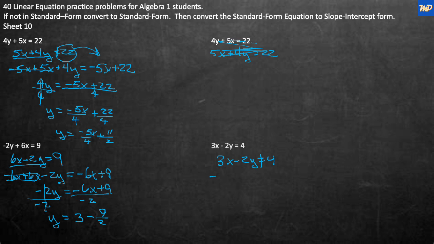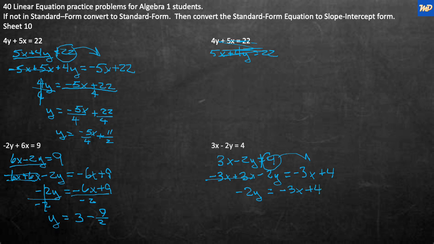So we're going to add a negative 3x, and then we're going to add this entire side in, plus 3x minus 2y, and then equals, we're going to bring the minus 3x to this side and bring down the plus 4. Don't forget to bring down the 4. The x's cancel. You get negative 2y equals negative 3x plus 4.